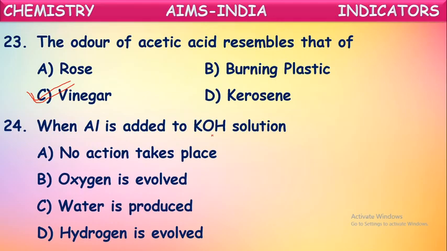When metals react with strong bases, they form metal salts and release hydrogen gas. Some metals like aluminum and zinc react with strong bases like sodium hydroxide and potassium hydroxide, and hence form their respective salts. Here aluminum reacts with potassium hydroxide, forms potassium aluminate salt and releases hydrogen gas.